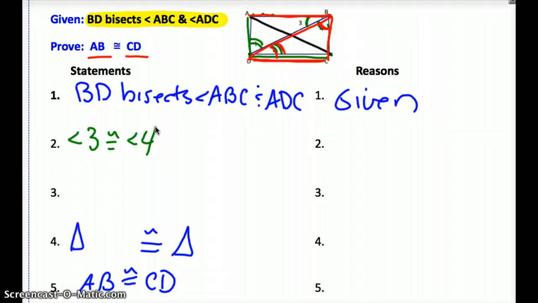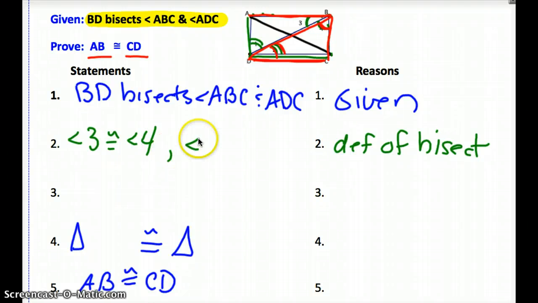And how come I marked those two? Because of bisect. So I'm going to write definition of bisect here. I also marked 1 and 2 for the same reason, so I'm going to write it on the same line. Now I have two angles marked congruent, and I have them written in my proof as congruent, so I need a third thing to be congruent, and that's going to be my third step.